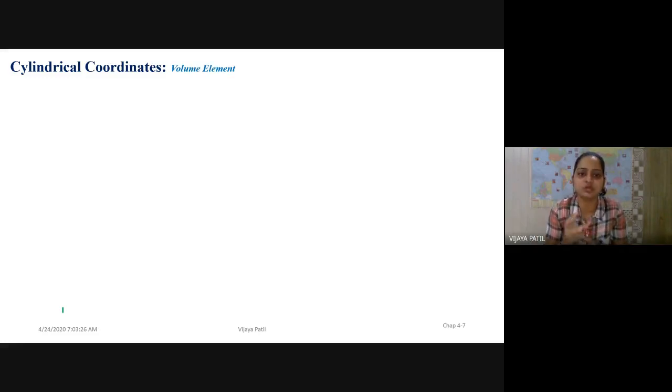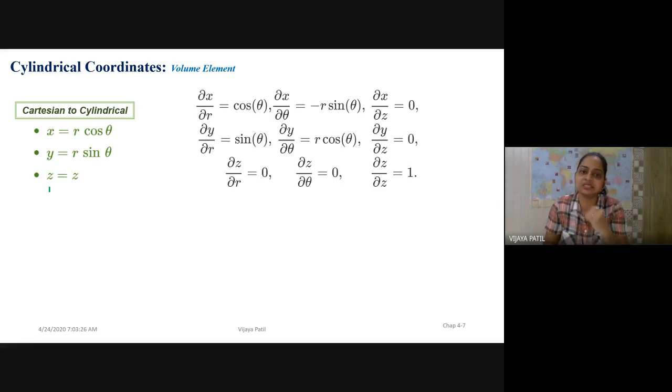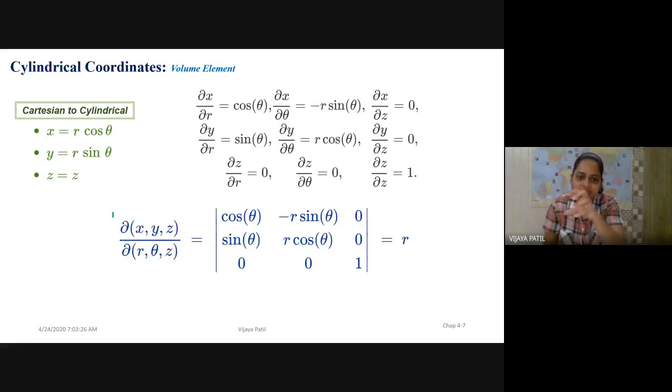Now, any guesses for this slide? Yes, we need to go for the volume element, and how it moves to the cylindrical coordinate system. This is the Cartesian to cylindrical conversion: x equals r cos theta, y equals r sin theta, z remains z. Using the Jacobian, we get the partial of x, y, z with respect to r, theta, z. Why is it a partial derivative?